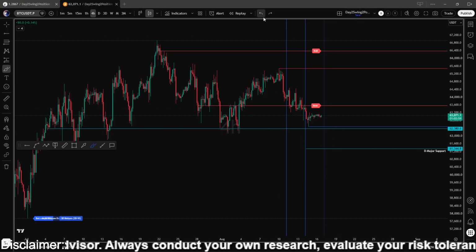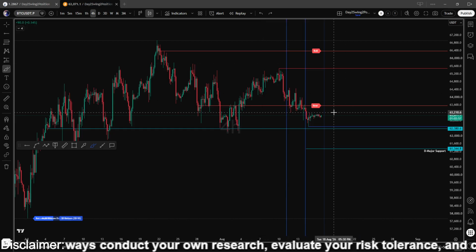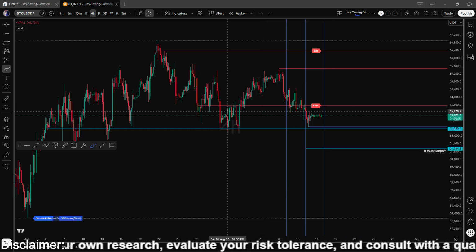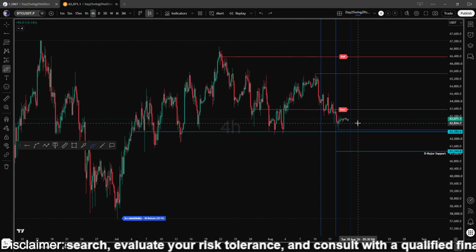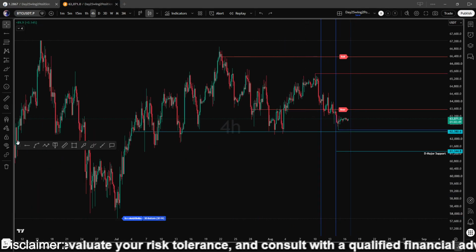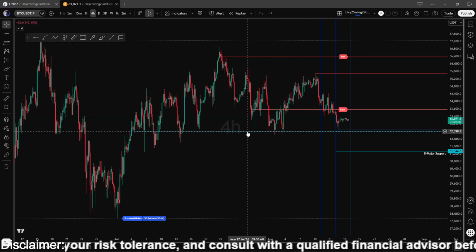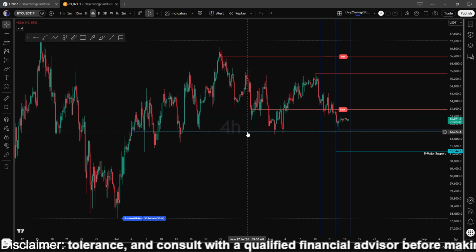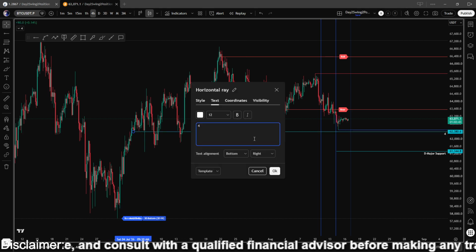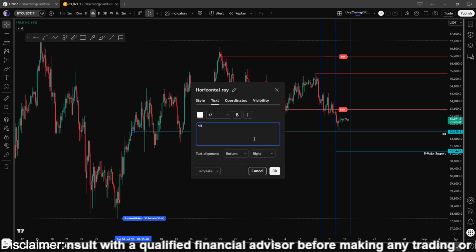Let's assume for the moment the condition I have in my 4-hour time frame is, first of all, this level. This is the 4-hour level, and this is a support.